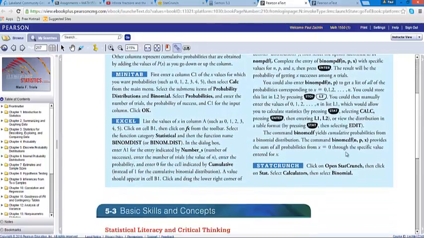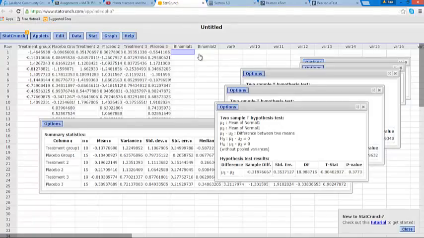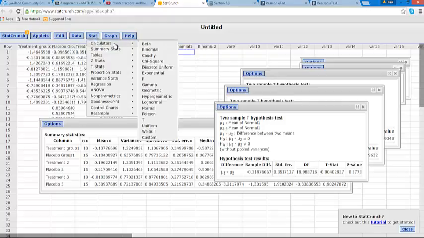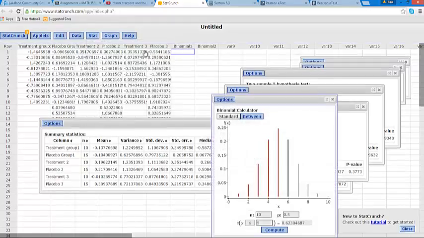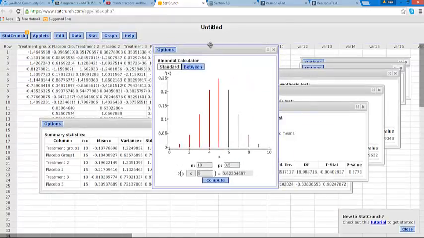It says click on Open StatCrunch, which I have, click on Stat, Calculators, Binomial. So that's pretty nice. Let's do that. StatCrunch. Let's go Stat, Calculators, Binomial. And here, this little calculator has everything I want.